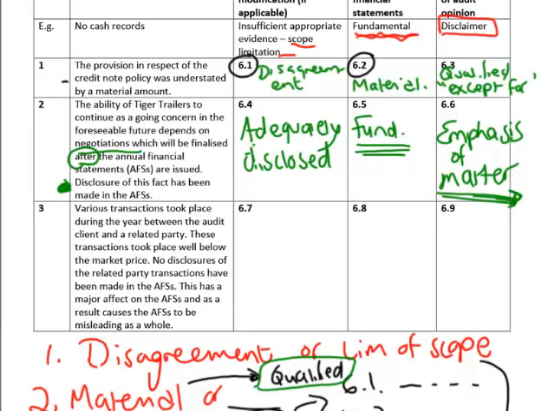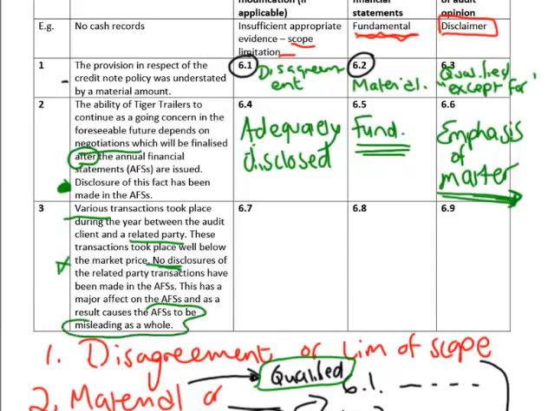And then lastly, number three, various transactions took place during the year between the audit client and a related party. These transactions took place at well below the market price, so we haven't got an arm's length transaction. No disclosures of the related party transactions have been made. That's a problem. This has a major effect on the AFS and causes the AFS to be misleading as a whole.